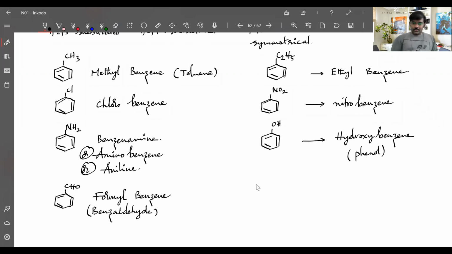Similarly, on the benzene ring, if you add COOH, the carboxylic acid group, this time you can write it as benzoic acid, or else carboxybenzene also, that is also correct.